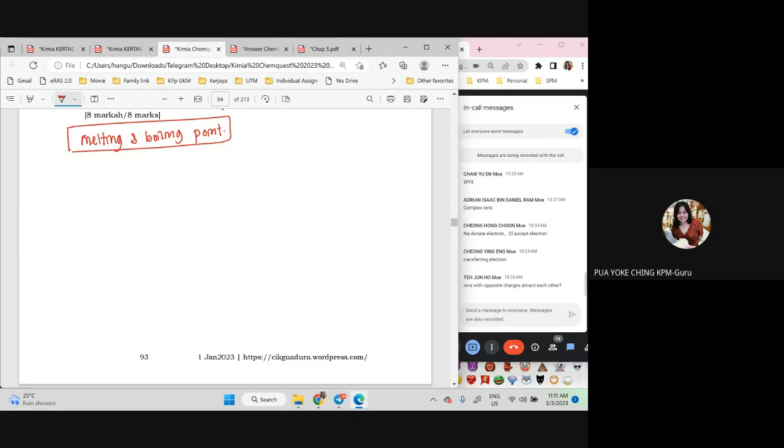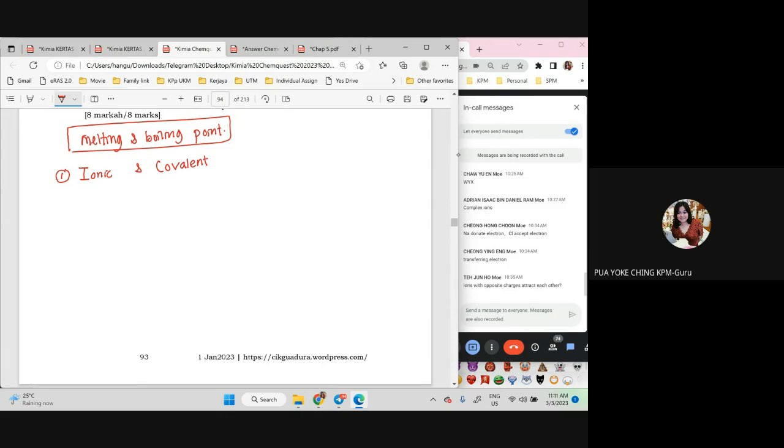Before you answer, you need to know what is the type of questions they want to compare. First one, kalau compare melting and boiling point, first type is compare ionic and covalent. So you tengoklah, adakah dia minta kamu banding antara ionic and covalent.